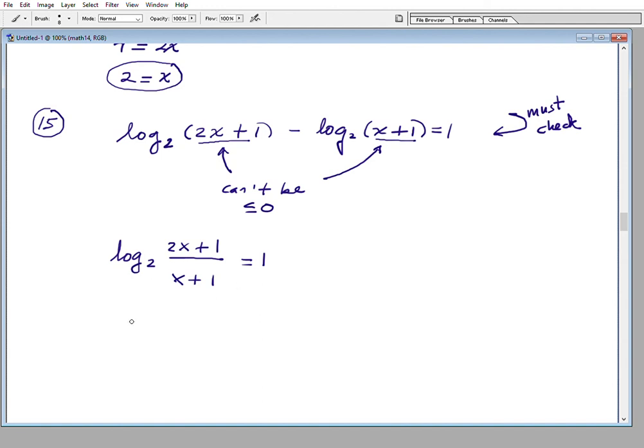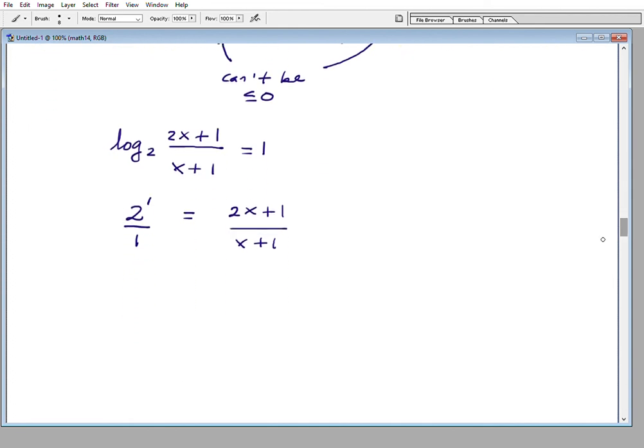Base to the exponent, 2 to the 1, is equal to this quotient. And this will be an easy equation to solve. Right, this is 2 over 1, and cross multiply, 2x plus 2, and multiply this way, 2x plus 1.